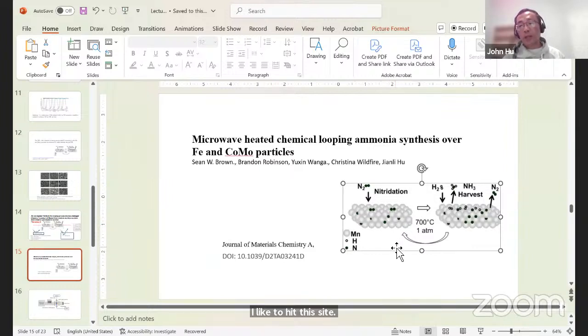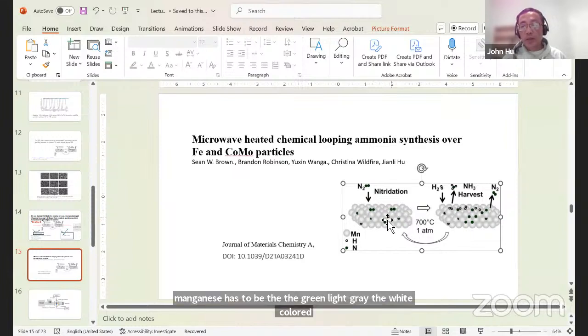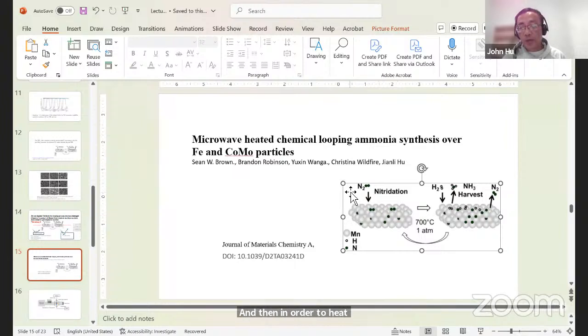If you heat by external heat, you have to heat all this manganese, the light gray, white-colored catalyst, in order to heat the nitride. But microwave can come in and directly heat this black dot, the location. Okay, so that's the advantage.